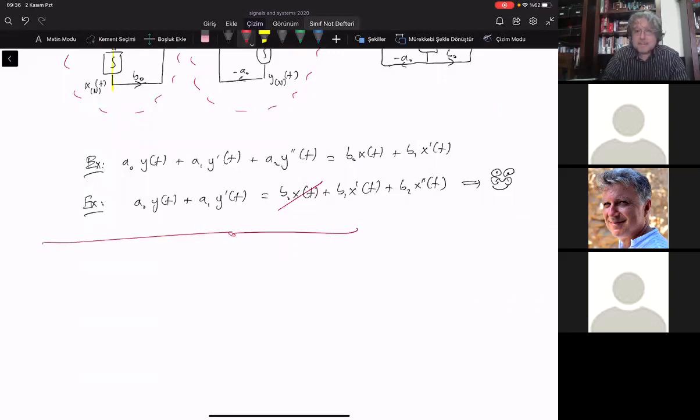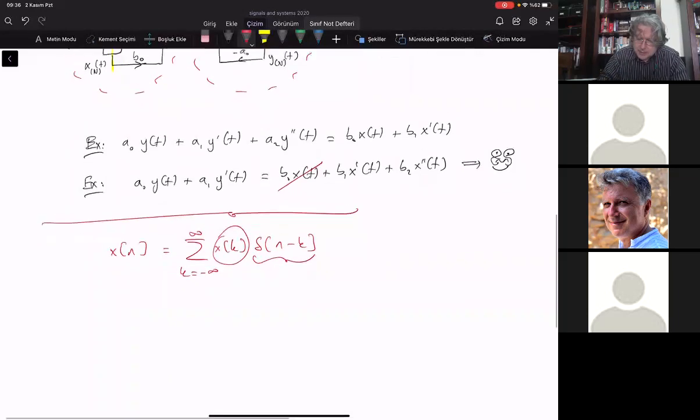Our idea for this chapter was to write x of n as a linear combination of scaled and shifted impulses. So we were representing our signal using these impulses. We were just scaling them and combining them with the summation.